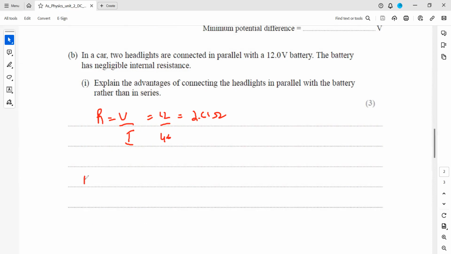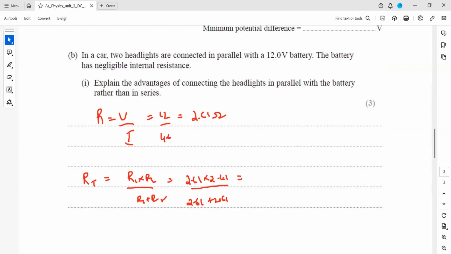But two lamps are connected in parallel, so to combine the two in parallel, it will be product divided by sum. So 2.61 times 2.61, the product, divided by 2.61 plus 2.61. This will give us the combined resistance in parallel, which is 1.305.